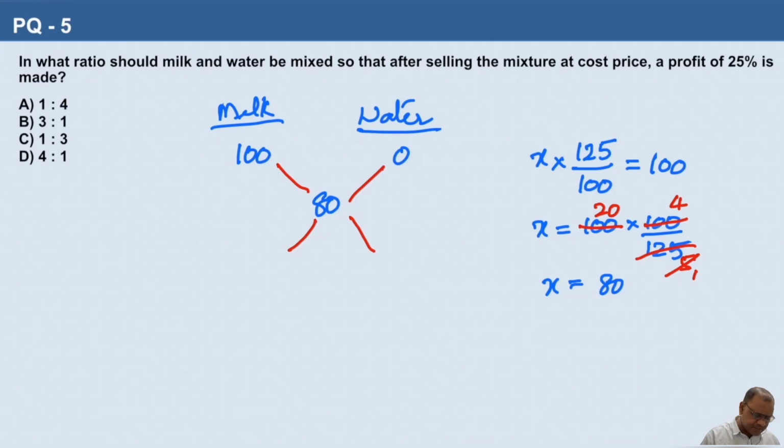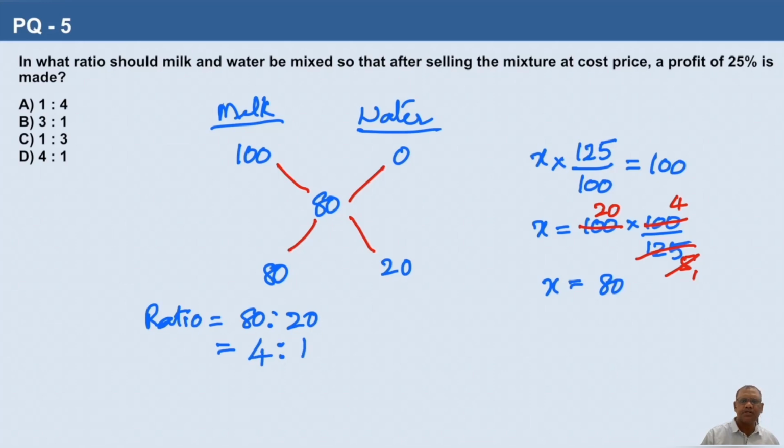So 80 minus 0 is 80. 100 minus 80 is 20. So the ratio of milk and water is 80 is to 20. If you simplify, 20 ones, 20 fours. So 4 is to 1. So in this ratio, the milk and water have to be mixed so that there is a profit of 25%.